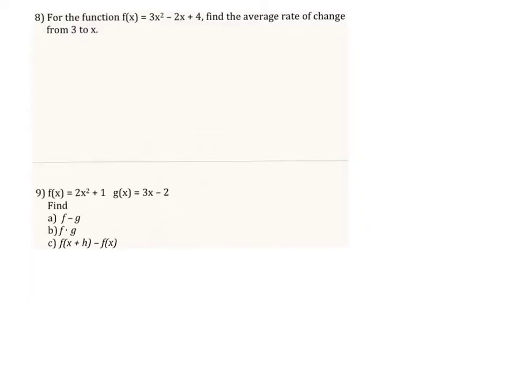Okay, so let's do an average rate of change problem. We're going from 3 to x. So really what that means is we're going to subtract f of x and f of 3 and put that over x minus 3.